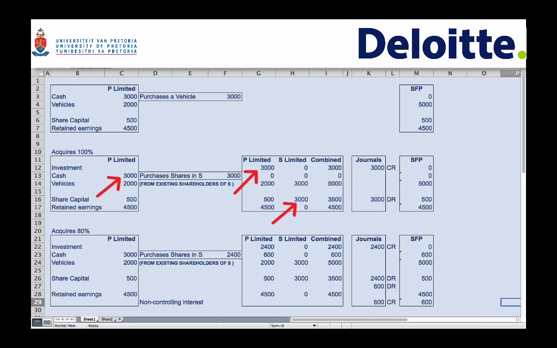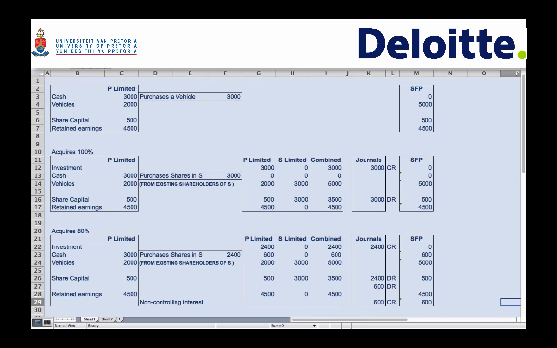Consequently, P Limited will now have an investment in shares, reducing its cash balance. In obtaining control of S Limited through the acquisition of shares, IFRS now recognizes the two companies as a business combination, as S is controlled by P Limited.